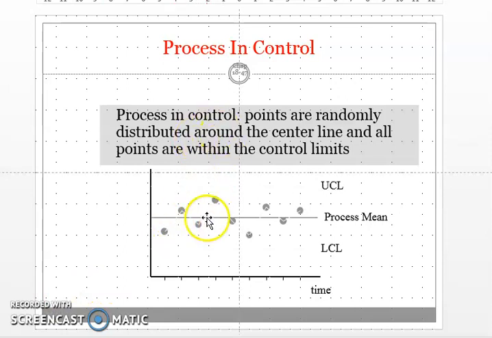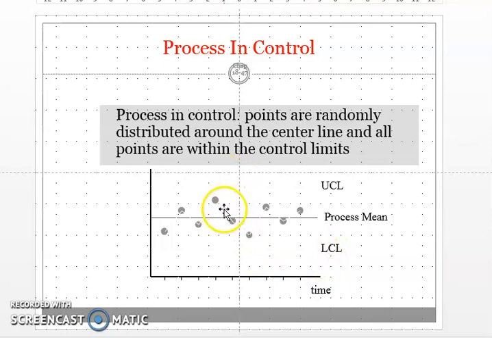Here the process is in control, and this pattern of chart is also called the chance pattern of variation, in which all the points are near to the mean line. Here are the upper control limit and lower control limit.